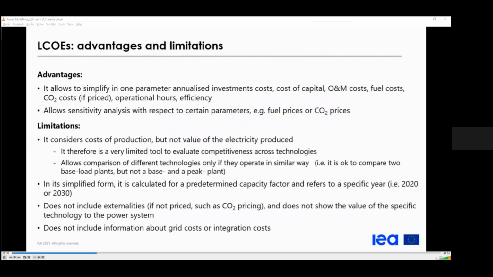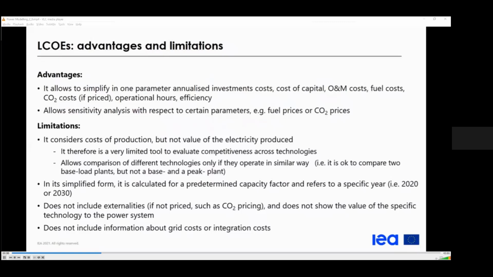I will focus on one of the key limitations here: it doesn't include the value of electricity generated. So basically, if you are an investor looking at LCOE, you must keep in mind that it doesn't encompass anything on the revenue side of things.